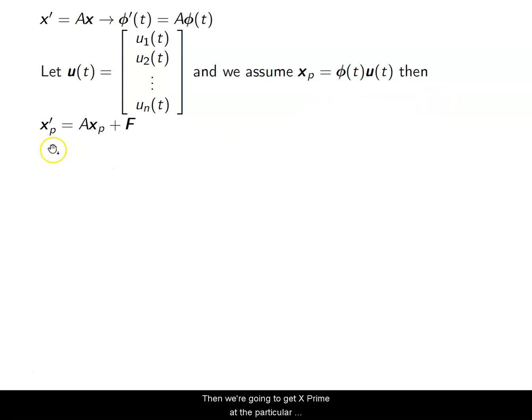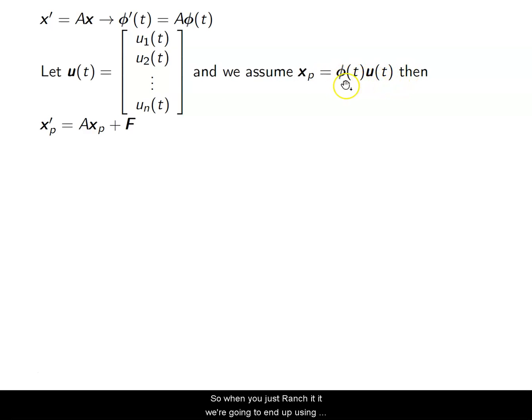Then we're going to get x prime of the particular solution equals A times the particular vector plus the forcing function. So what we're going to do here then is substitute xp into this equation. So we need to differentiate it, right?